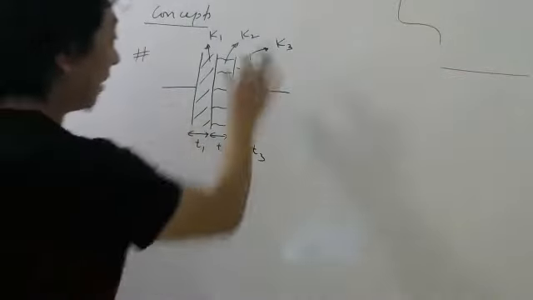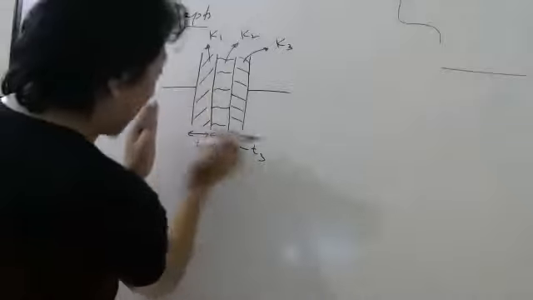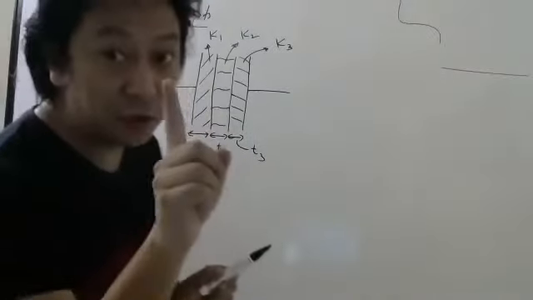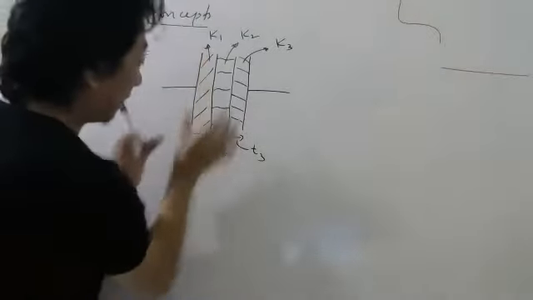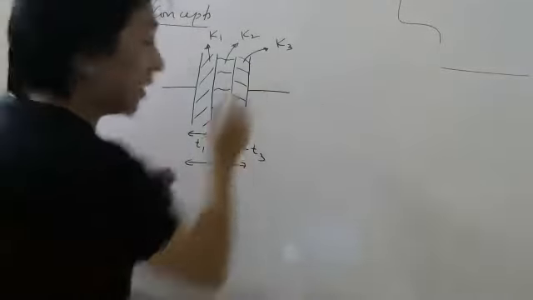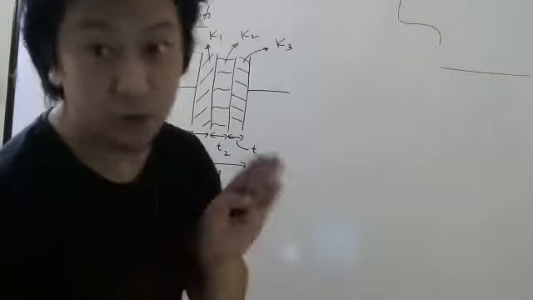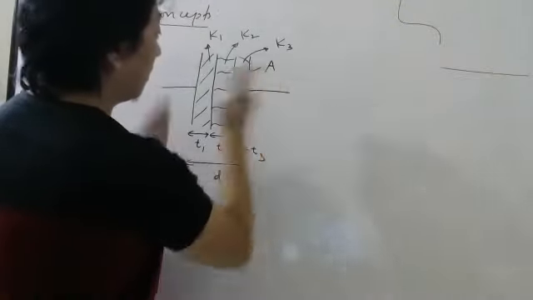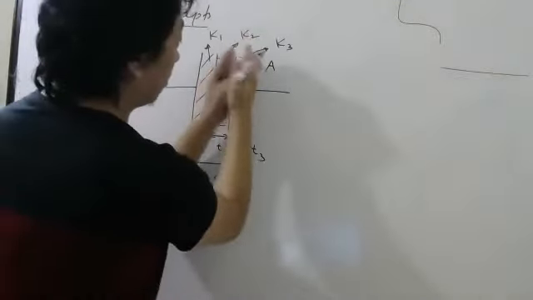If they divide the space in this fashion, look carefully at what they have divided: the distance between the plates. Is the area divided? No, area is common for all of them. This area is common for this, this, and this also.